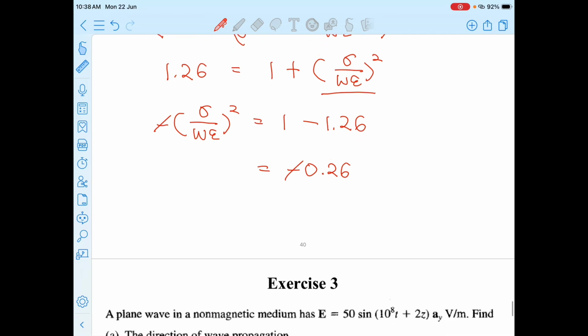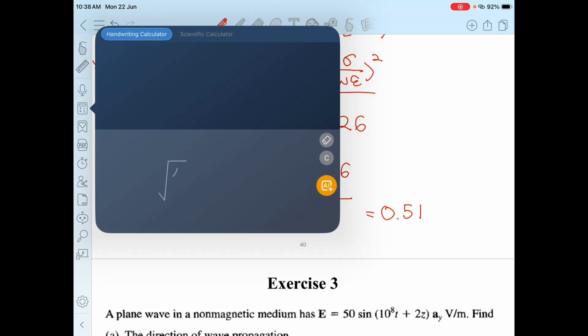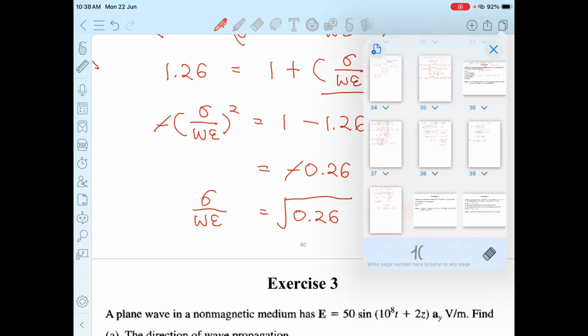So this will be equal to the square root of 0.26. You square root 0.26, you get 0.51. So this is your loss tangent.